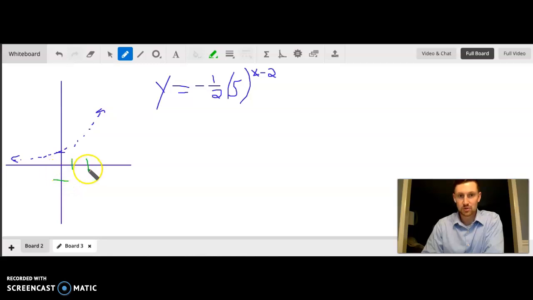I'm going to go right 2. Rather than go up 1, I'm flipping over to a negative 1. Okay, and then it compresses. So rather than draw my curve something like this, I'm just going to compress everything because everything is shrunken in half. All right, so it will look something like that. Again, I could do a table, and that could verify my points.